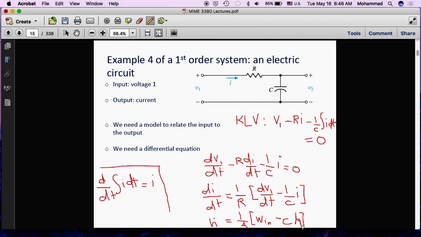So what acts as an input to this system is not the voltage itself, but its time derivative. If you compare it to the fluid tank system, it's dv1/dt that acts like w.